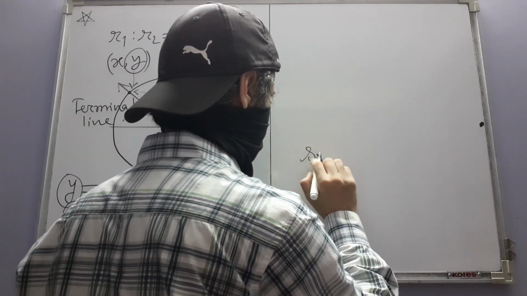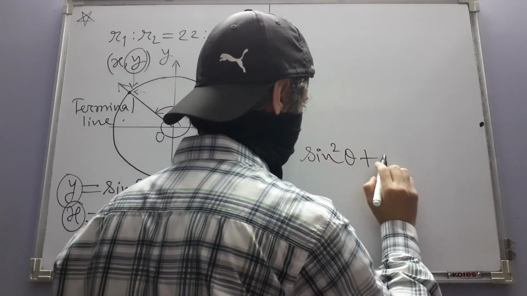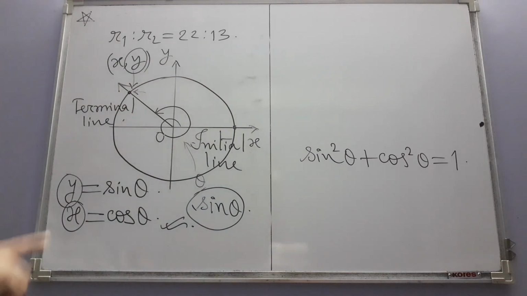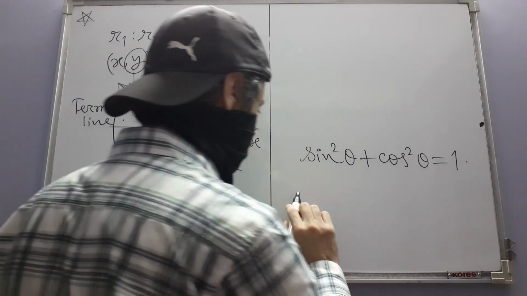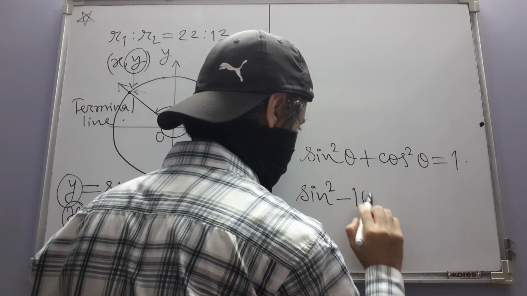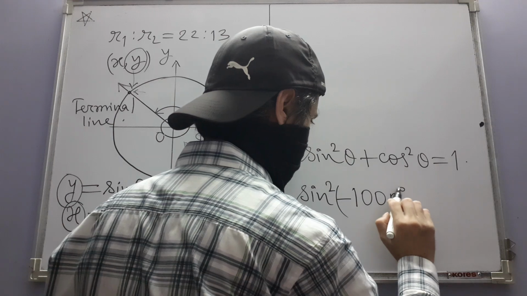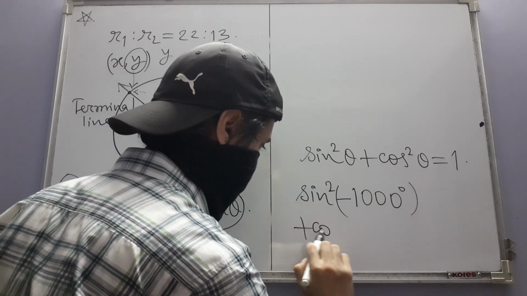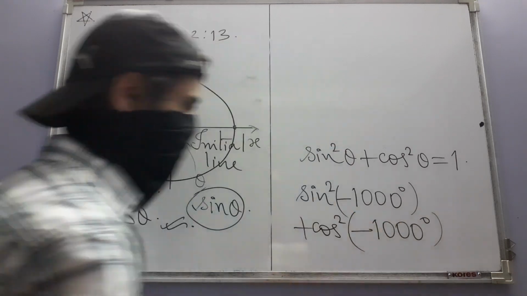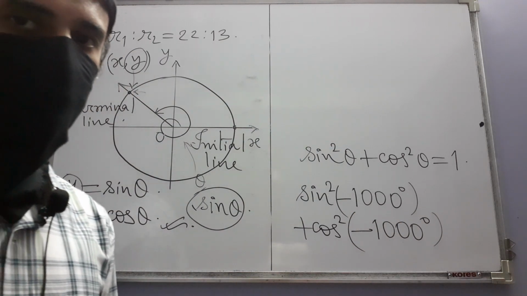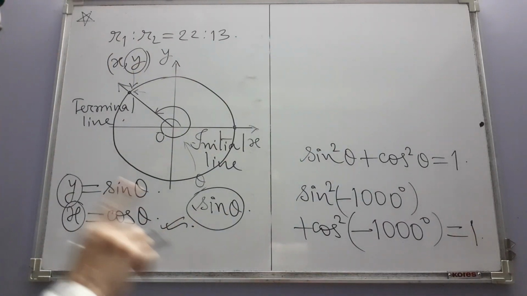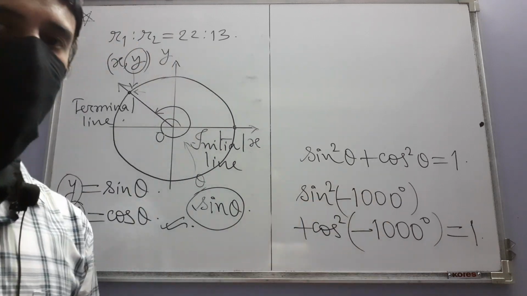For example, we still have this. Even in this setup, in particular, you have things like this. Sine square minus 1000 degree plus cos square minus 1000 degree is still equal to 1, where previously this would have been meaningless.